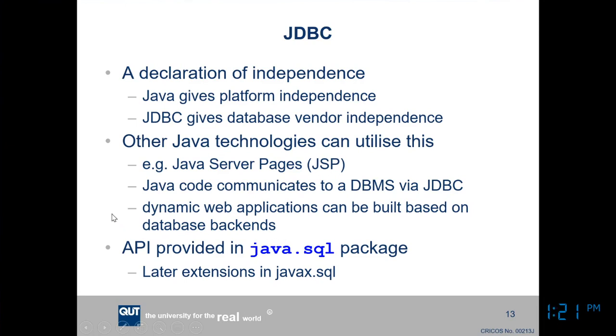So the old LAMP model, Linux, Apache, MySQL, PHP, can pretty much entirely be recreated in Java using Java libraries. The API for JDBC is provided in the java.sql package, with some later extensions added to javax.sql. This is kind of like java.awt and javax.swing that we looked at in the GUI lecture.